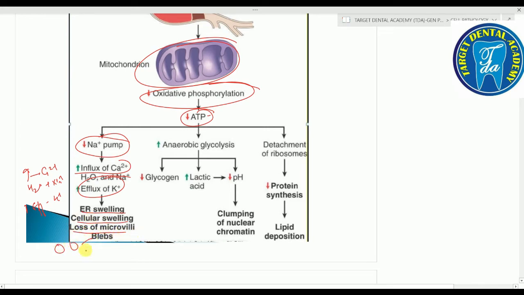These are the blebs. Fine. Second, there is increased anaerobic glycolysis, which leads to decreased glycogen, increased lactic acid, and decreased pH. And when there is a decrease in the pH, it leads to the clumping of the nuclear chromatin.